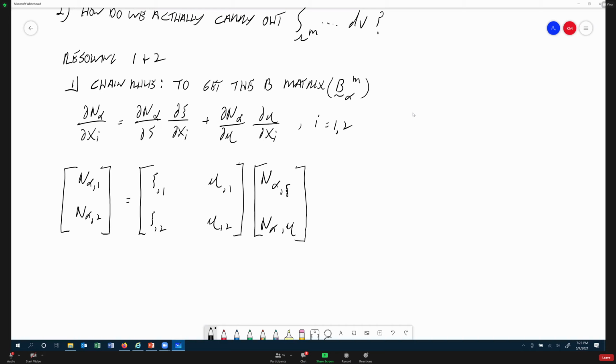So you remember all the way back from the beginning of the semester, we have some matrix is equal to a matrix times a matrix, and we need to do a coordinate transformation.